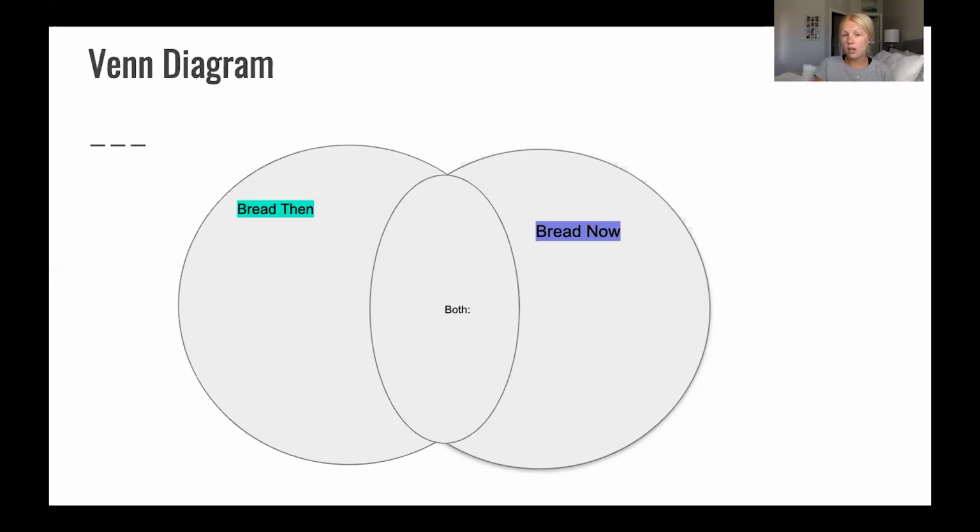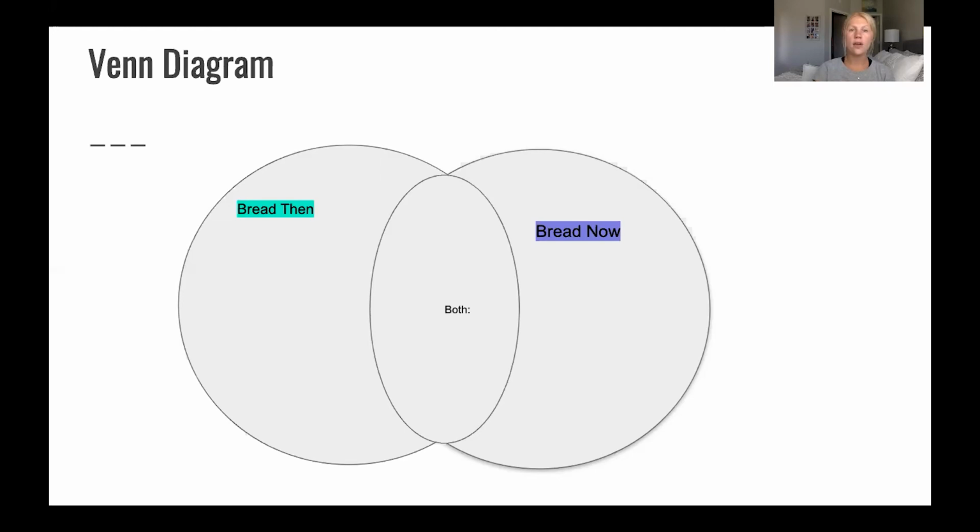In the middle, we have both, because that is where you will write what bread then and bread now have in common. Then on each side, you'll write the characteristics that are unique to bread then and to bread now, as stated in the text.